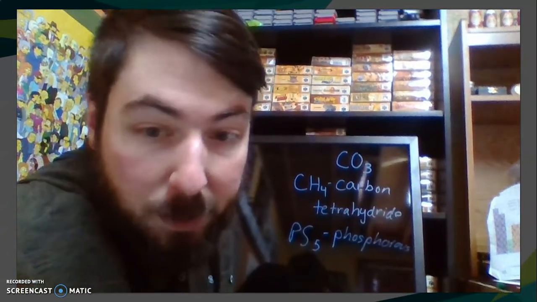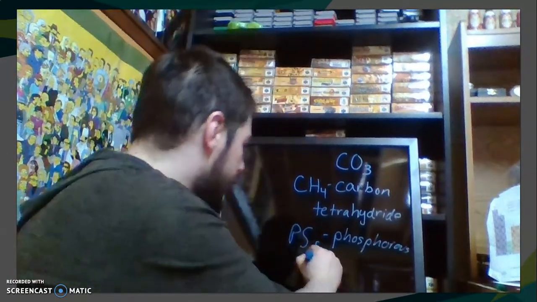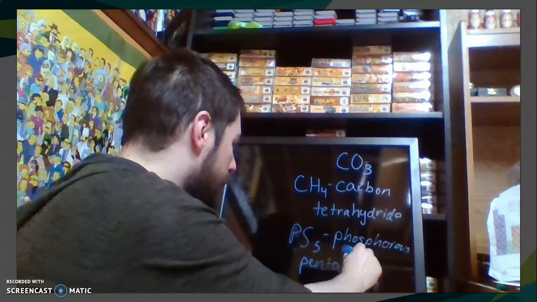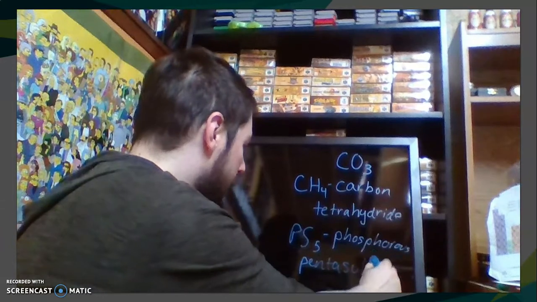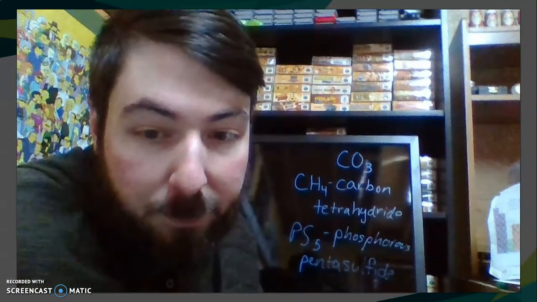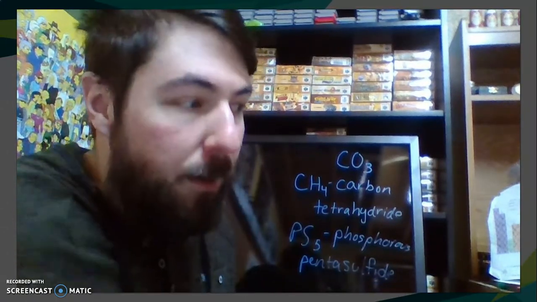We start with the first element, which is phosphorus. Sulfur, we would change to sulfide, and for the 5, we would use the prefix penta. So PS5 would be phosphorus pentasulfide.